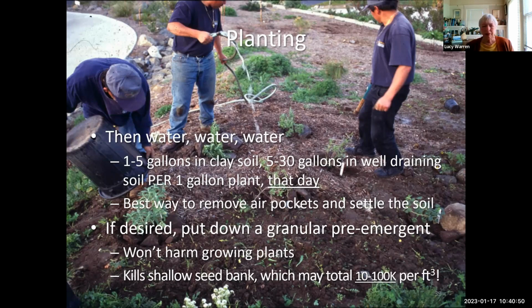It isn't something that goes into the soil and stays there forever and ever. But in an area that hasn't been planted, that shallow seed bank may include as many as 10 to 100,000 seeds per square foot. So this application of the pre-emergent will eliminate a lot of the weeding that you'll need to do while your plants are getting established.